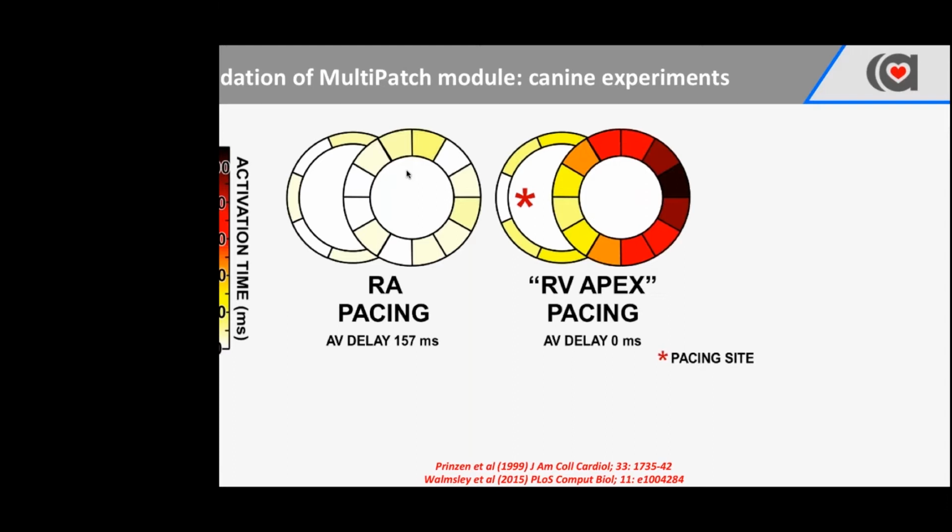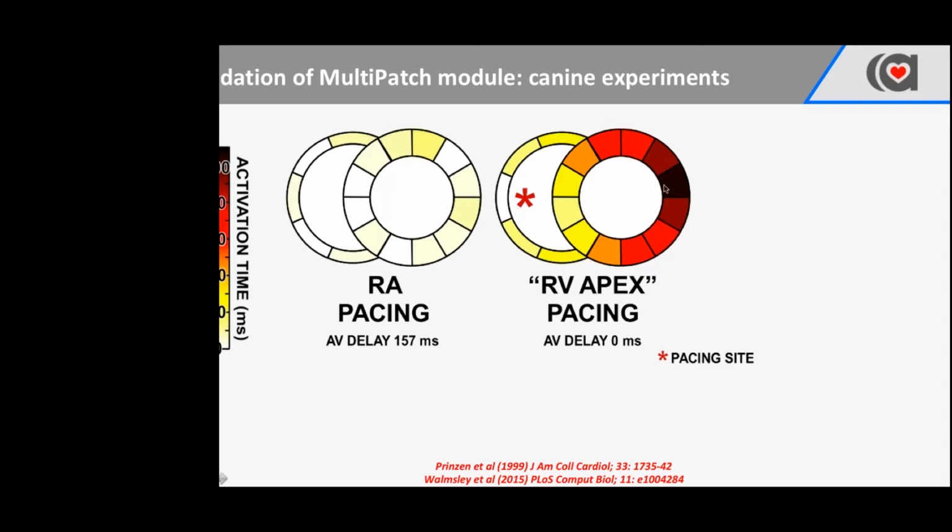Now, right ventricular apex pacing, we mimic that by having a very asynchronous activation of the left ventricle and also a bit of the right ventricle, because if you pace the right ventricle at the apex, parts at the right ventricular outflow tract free wall will of course be activated later than with a synchronous activation by means of the Purkinje system.